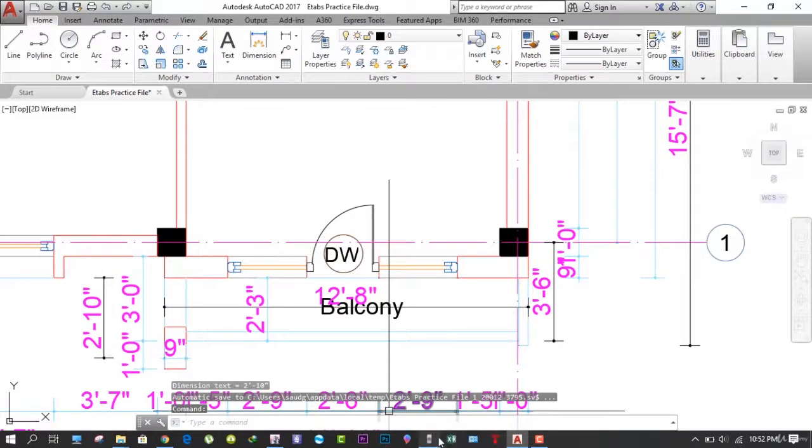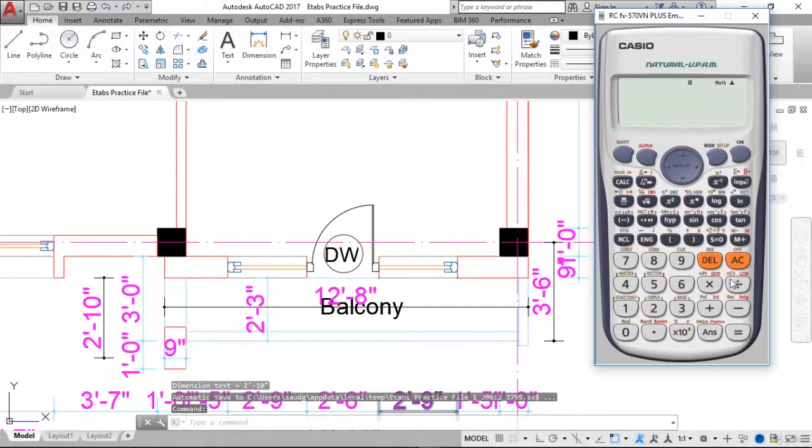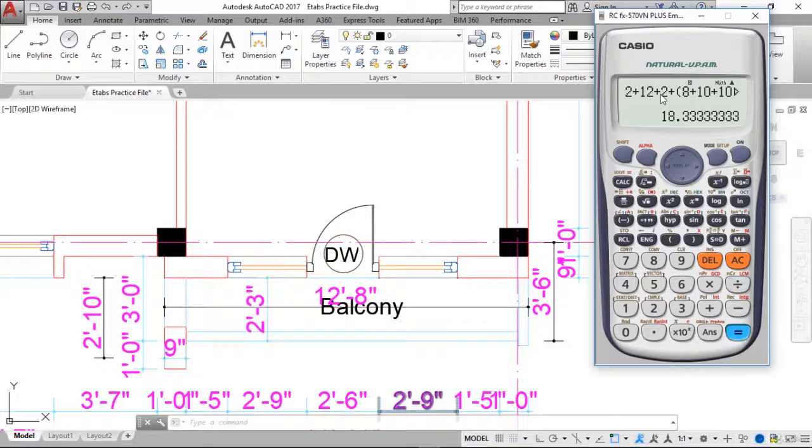So the total length of the parapet wall is 2 plus 12 plus 2 for this side as well, plus 8 plus 10 inches, so 10 plus 10 for two sides, divided by 12, divided by 3.281, into 0.11 into 1, right? So the value of the volume is 0.61.